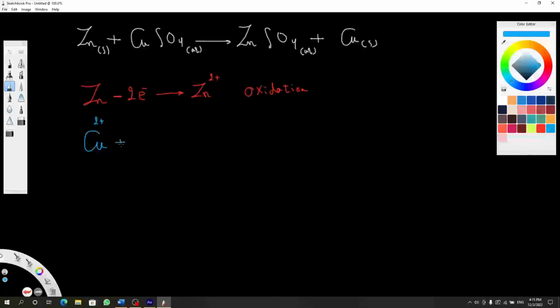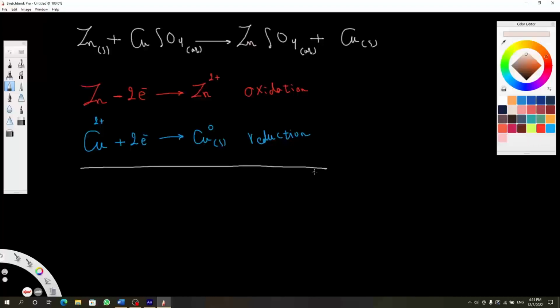It will gain 2 electrons, forming solid copper. It's an element, so its oxidation state is 0. Gaining of electrons is called reduction. Okay? Now, you notice that the amount of gained electrons equals the amount of lost electrons.